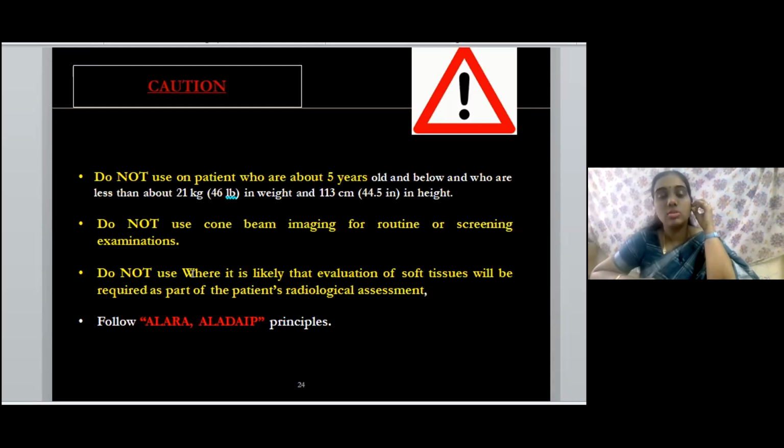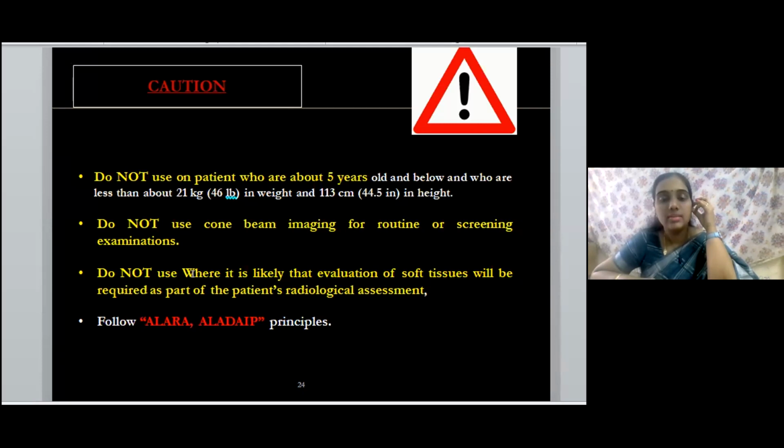And always follow the ALARA principle, that is as low as reasonably achievable, and also as low as diagnostically applicable, indication oriented and patient specific. That is what is for CBCT, ALADAIP.